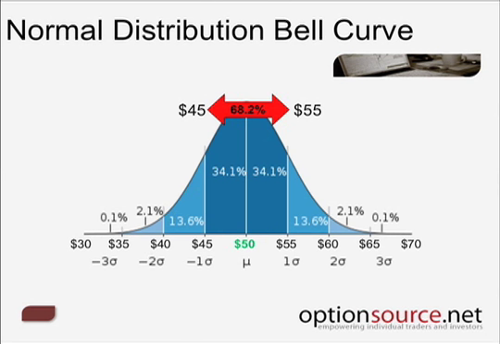And the idea is that because there is a relatively high probability that the security is going to remain in this range between now and expiration, the options will be priced accordingly to ensure that when the market maker has to assume the other side of the trade and take on the risk, they're essentially getting paid to take on that risk.